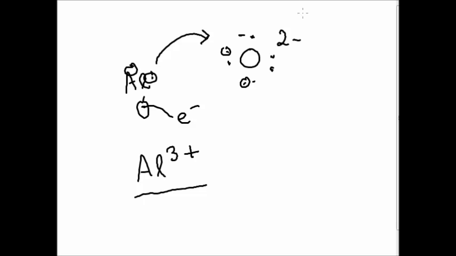Now, it's a little confusing because the octet rule says that these atoms want to gain electrons or lose electrons, to have 8 electrons on the outside or no electrons on the outside. The octet rule says that this is desirable, yet this activity creates a charge, which is an unbalanced thing. Yeah, there are two different phenomena at play here.